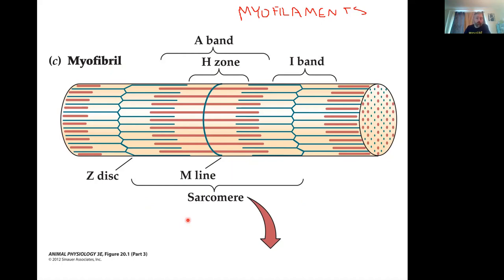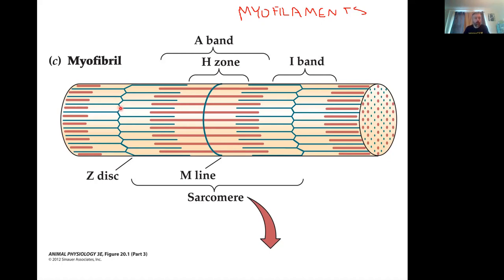Now, in terms of functional units, we've also got a definable chunk here, and that's the sarcomere. And when a muscle shortens, it's actually all of the little sarcomeres, stuck end to end to end to end in a myofibril, that actually get shorter. And they get shorter by pulling the Z discs closer together.